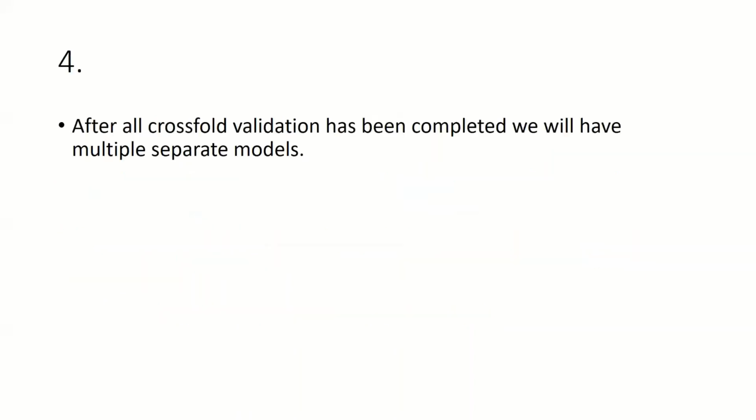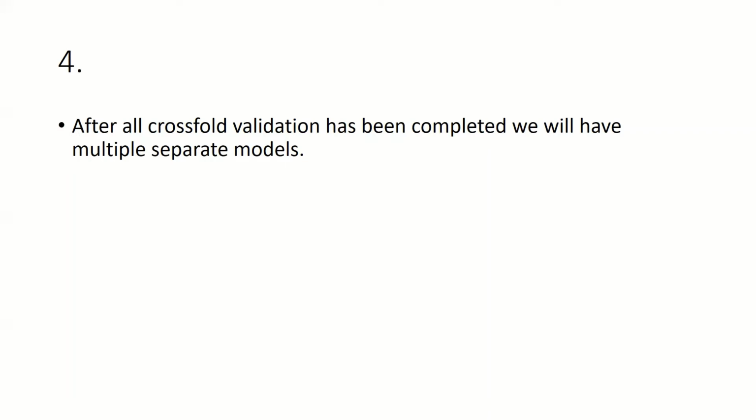And the fourth consideration is that we'll have multiple separate models. So, you'll have a training and test set for K equals 1, you'll have a training test set for K equals 2. And the idea is, we're talking about stability here. When you take the average of your results, you would hope that a stable model would mean that regardless of which fold you look in, the accuracy and the hyperparameters converge to the same values.